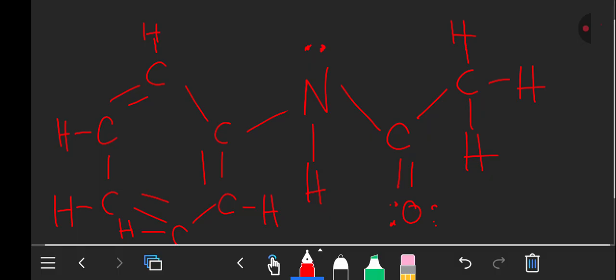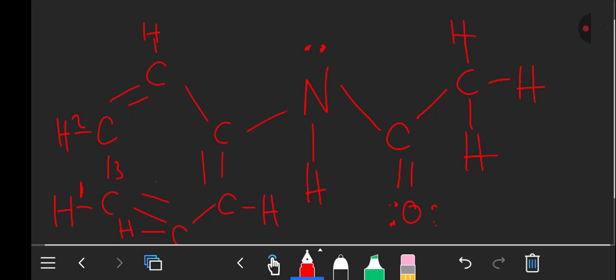Now let's determine the number of sigma bonds. For sigma bonds, we said that at each and every bond there is a sigma bond. So whether it's a double bond, a pi bond, as long as it's a bond, there should be a sigma bond. So how are we going to identify a sigma bond? So we start with 1. At this point there's a sigma bond. 2, there's a sigma bond. 3, there's a sigma bond.